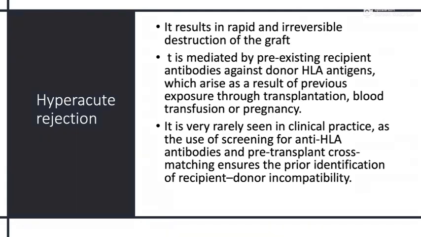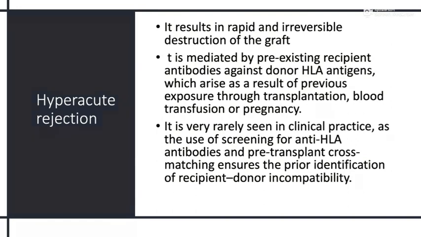Hyperacute rejection is the first type of transplant rejection. It results in rapid and irreversible destruction of the graft. It is mediated by existing recipient antibodies against the donor HLA antigens due to previous exposure through transplantation, blood transfusion, or pregnancy.